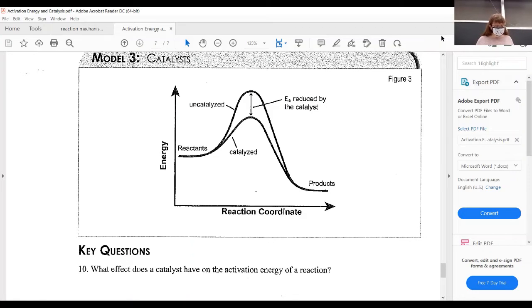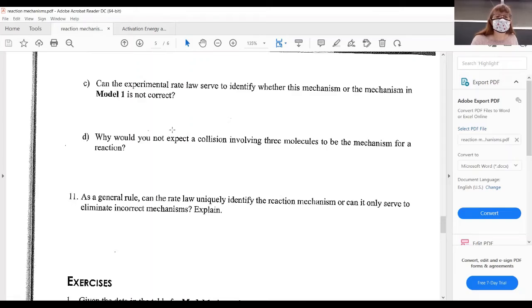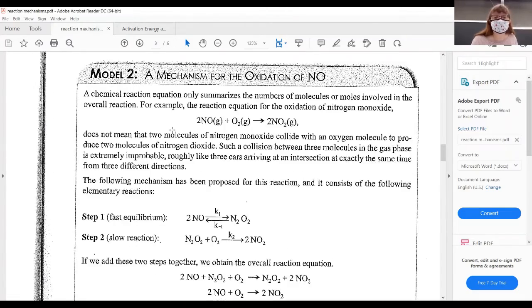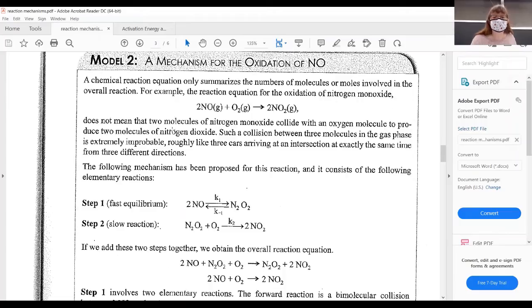So the first page was mostly review of things that we had talked about before. So I'm not really going to spend much time on those, but then we get to model 2 and there's just a lot there. So some of the key points here is that when we talk about a mechanism, what we're saying is, how are the molecules physically coming together in order to make this reaction happen?